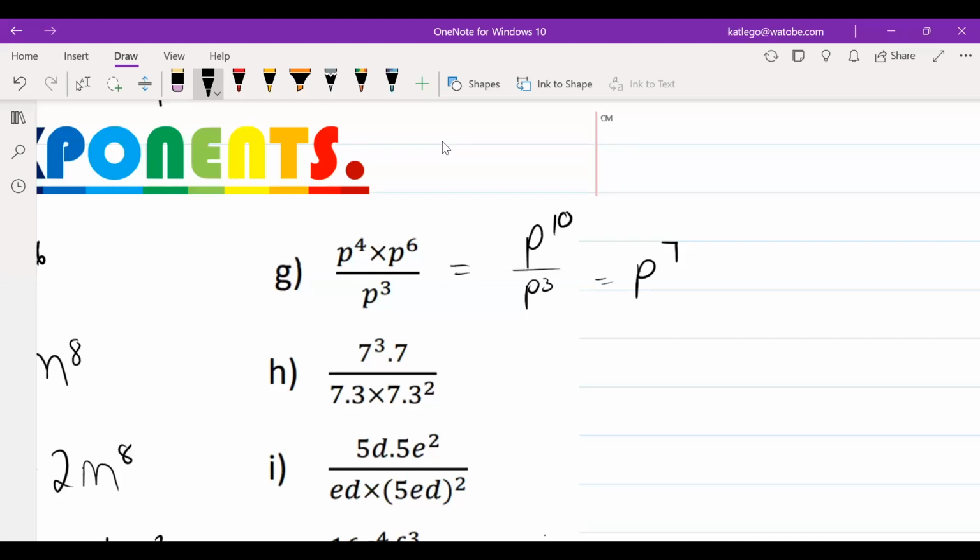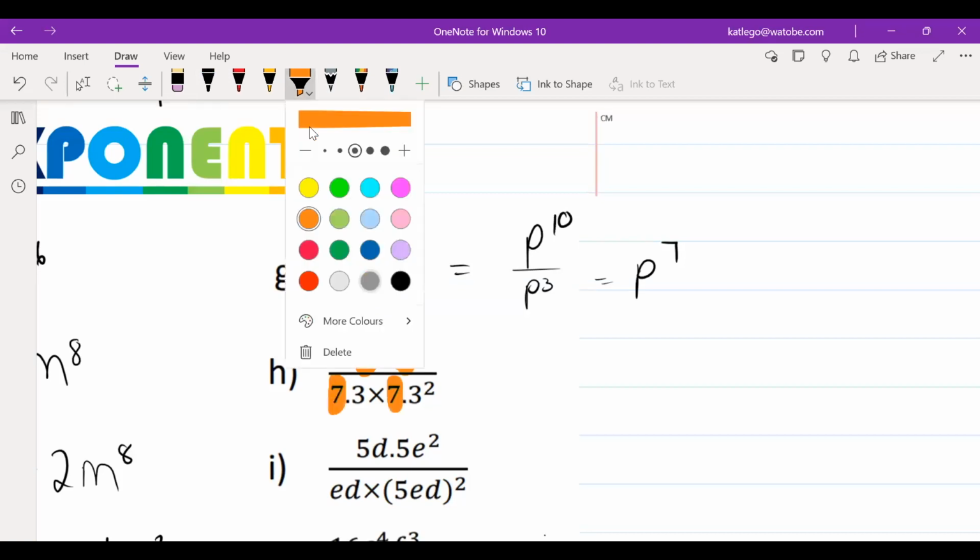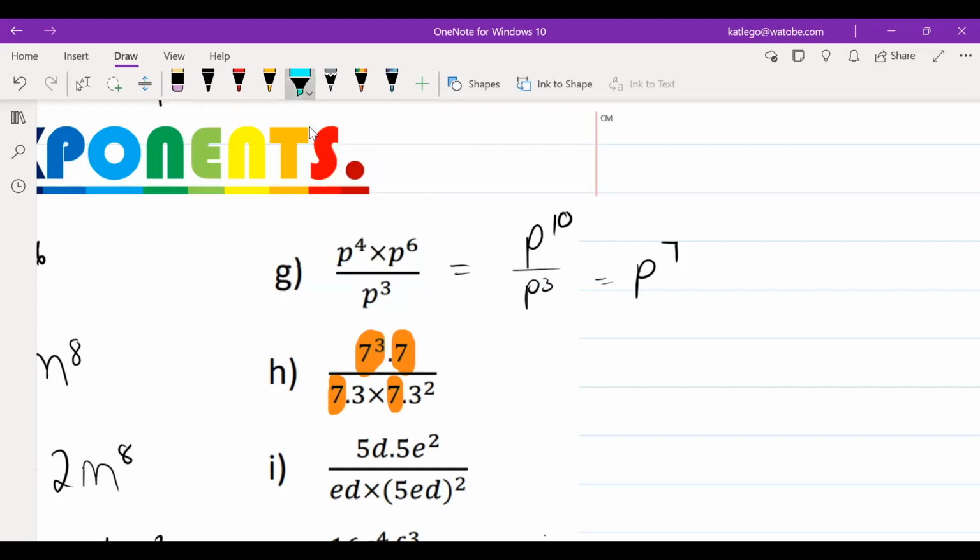H is the same thing. They start looking a little bit more complicated, but that's only because they're two different bases. So you deal with the sevens on their own. Jasmine asks: where does the p to the power of 7 come from?